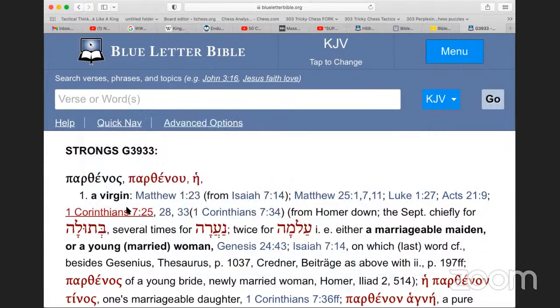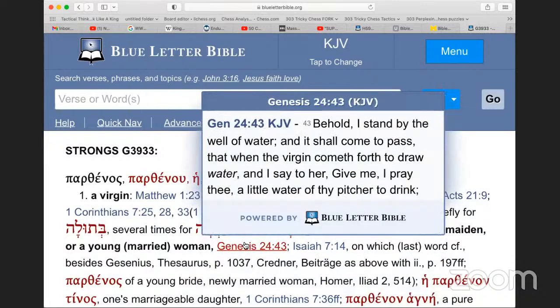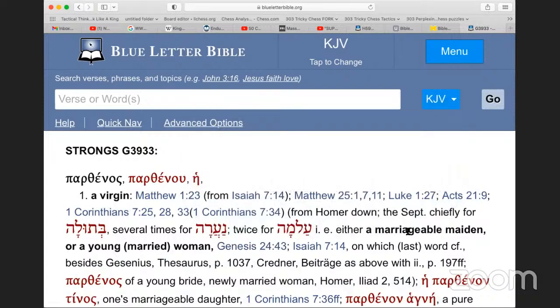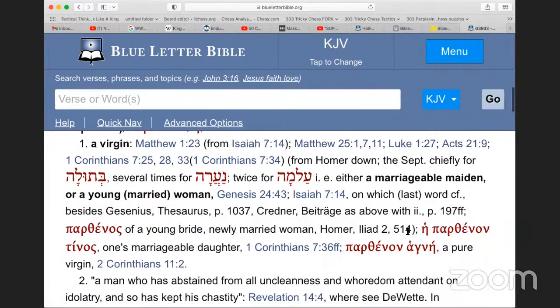Not these down here. When it says virgin coming to draw water, that's a young woman. That doesn't mean she's unmarried or doesn't have a child already. That does not mean that.